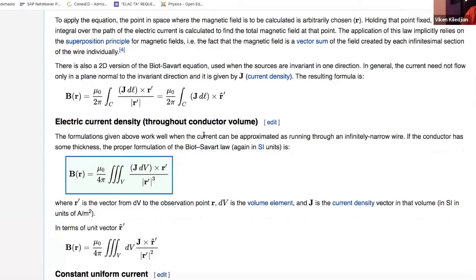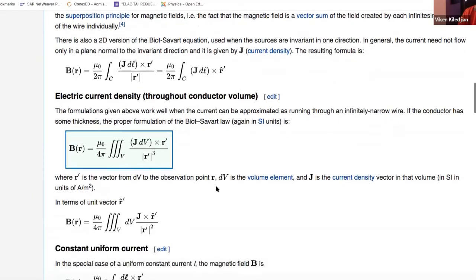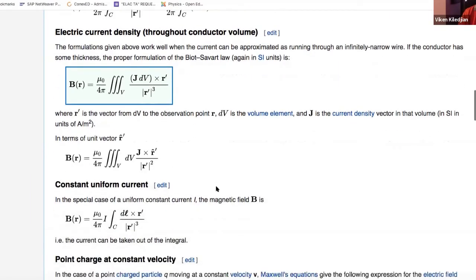And then there's the three-dimensional version of this, triple integral. Don't worry about that. We don't have to do that.